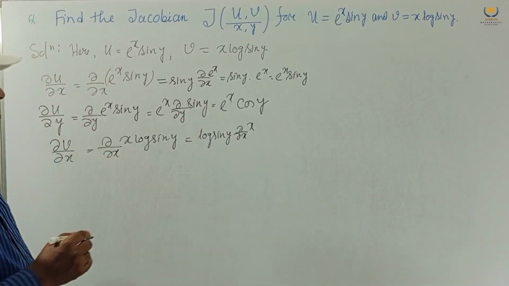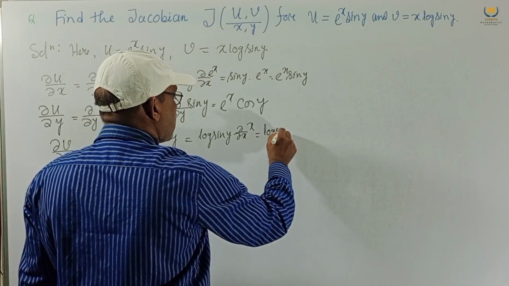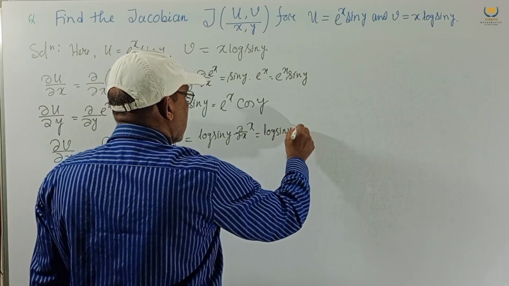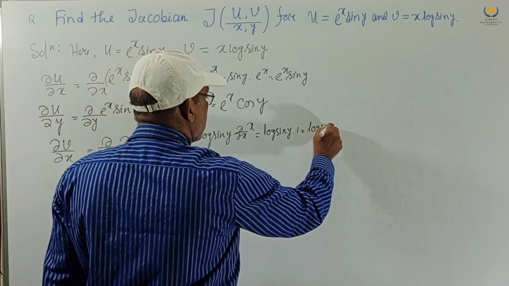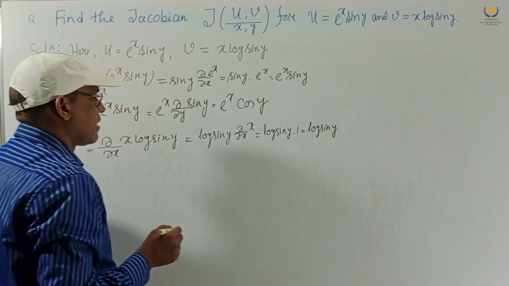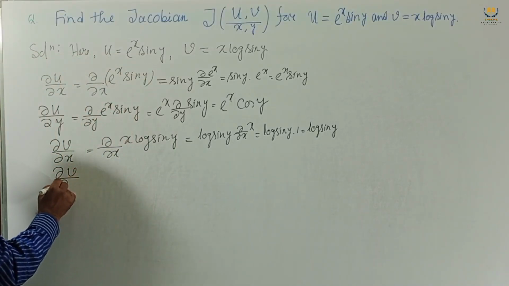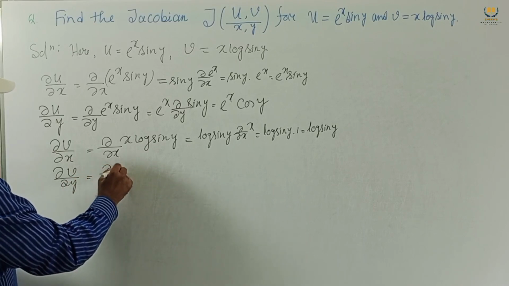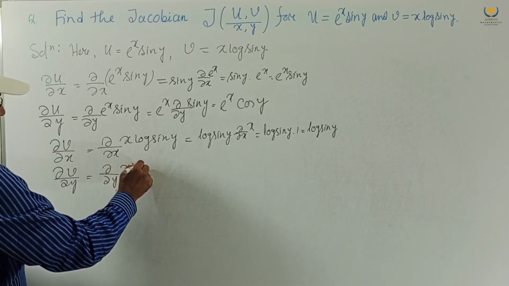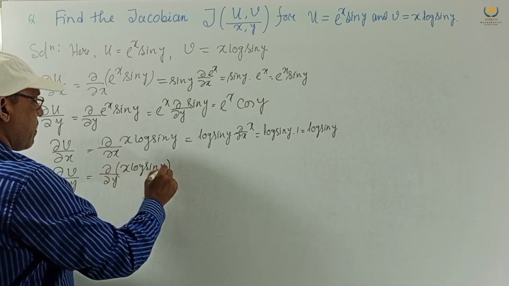So x is variable, so this will be log of sin y times ∂x, which is 1. So this is log of sin y. ∂v/∂y, that is ∂/∂y of x log of sin y.